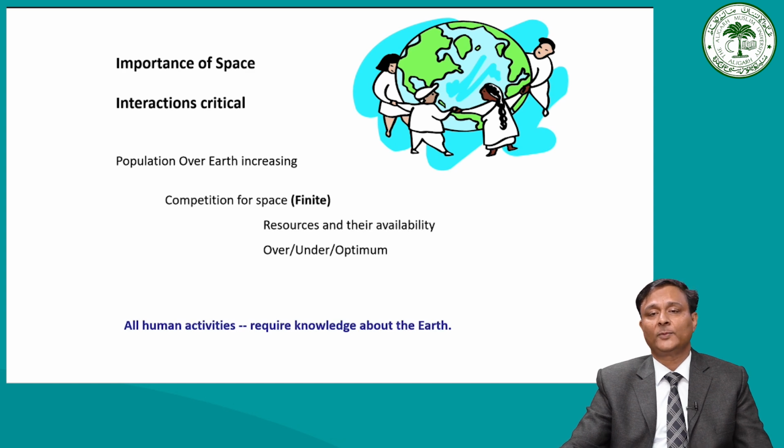We all know that space is critical for human existence, not only for our existence but our survival as well, as is our future life over the earth. Space is premium for many reasons, but the basic reason is large population, which means that the land-man ratio is declining, and for all kinds of activities for human survival and living, each one of us requires geographic space.